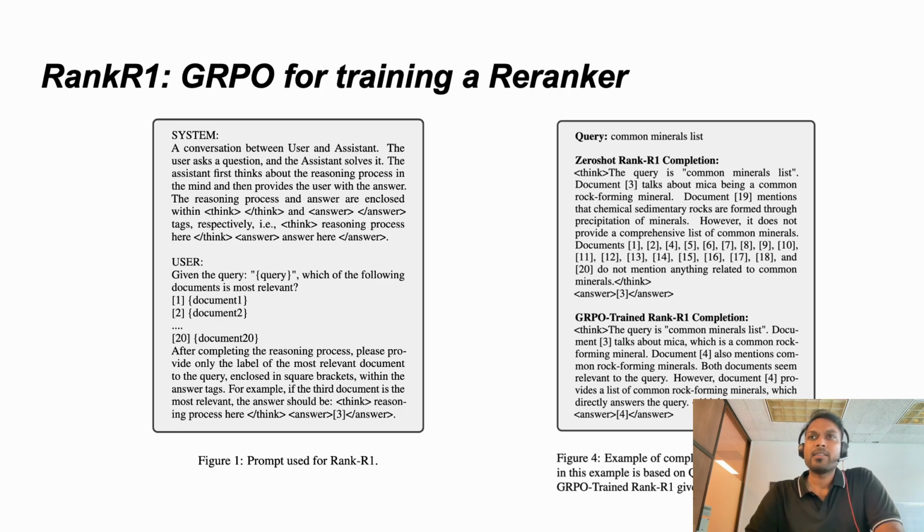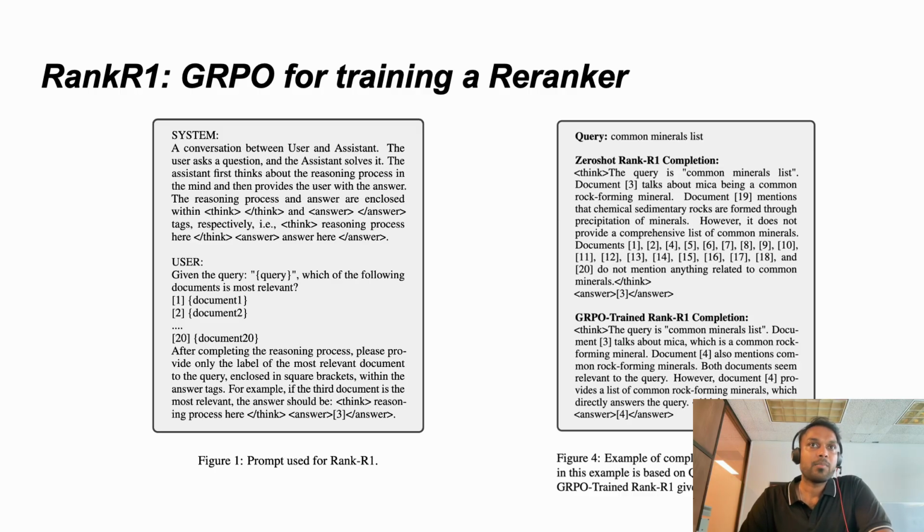So let's take a look at the prompt of Rank R1, how they've exactly used it for re-ranking. Here you can see, given the user query, which of the following documents is most relevant, and they provided documents as a list, document 1, 2, and so on to document 20. After completing the reasoning process, please provide only the label of the most relevant document to the query enclosed in square brackets.